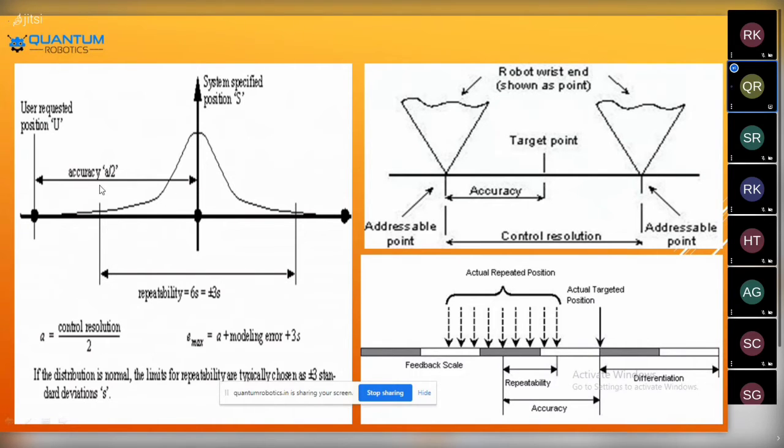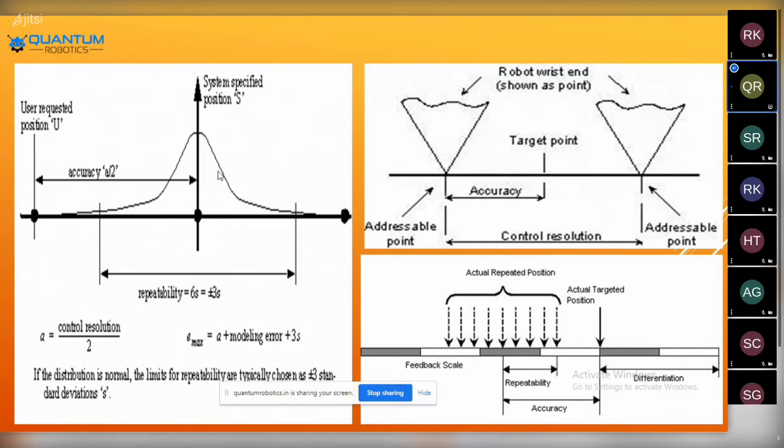According to this, the accuracy will be calculated as a by 2. Whatever it will be, the distance will be the distance by 2. By using that distance a by 2, you will get the particular accuracy and the particular position to do the access control for the particular resolutionary axis.